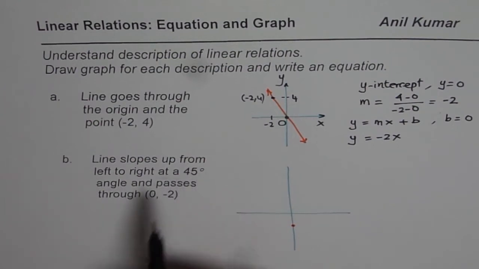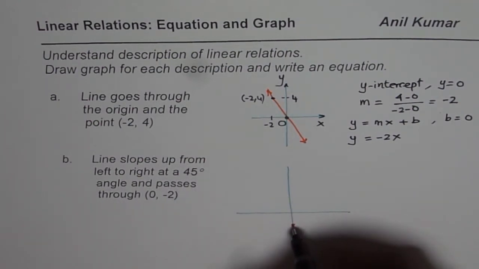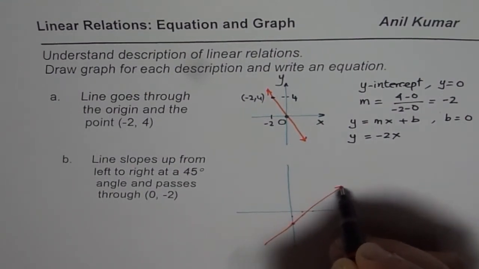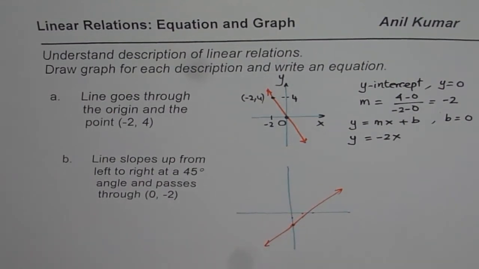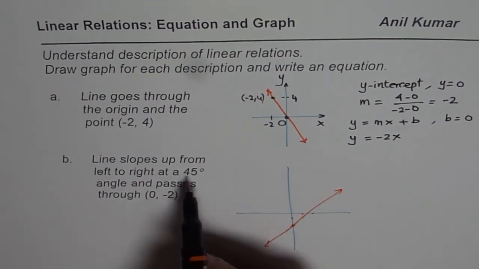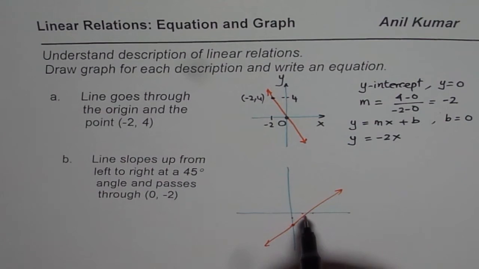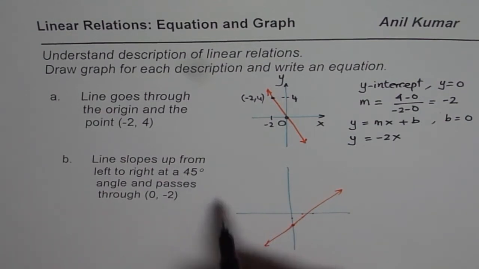At an angle of 45 degrees means if you go up by 1, then you go right also by 1. So that is how you have to move. We could join the point with a line at an angle of 45 degrees. If the angle is 45, then rise over run is the same, slope is 1, right?